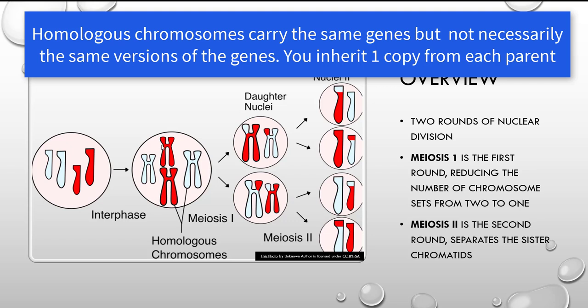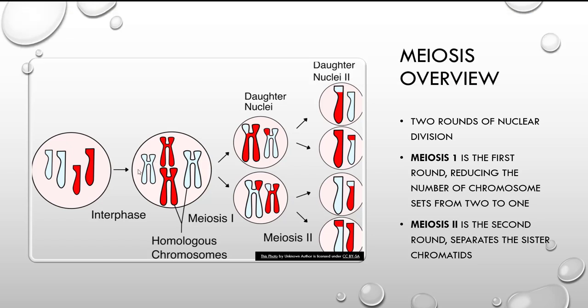And what's unique about meiosis is that the two copies hang out together during meiosis, particularly meiosis part 1. In prophase part 1 and prometaphase part 1, they are really close together. And even in metaphase part 1, they are next to each other, okay?